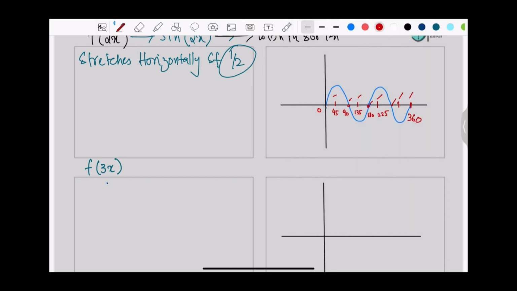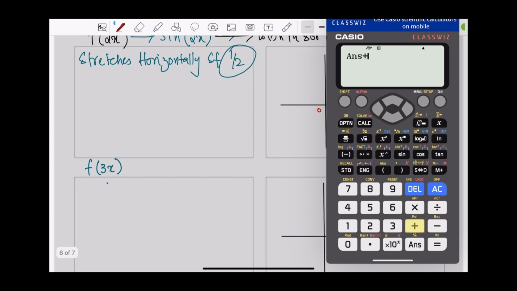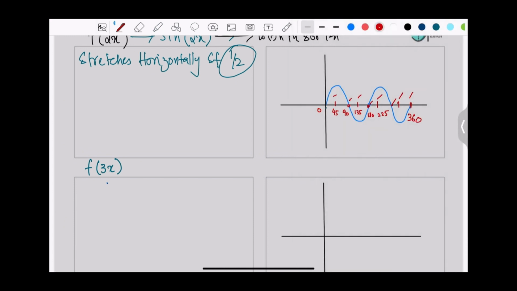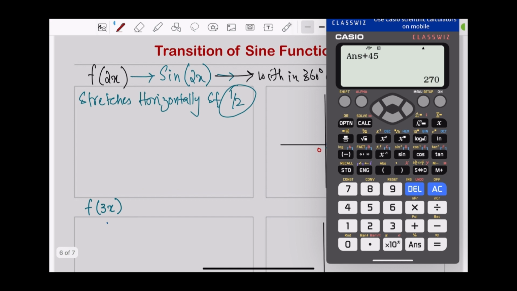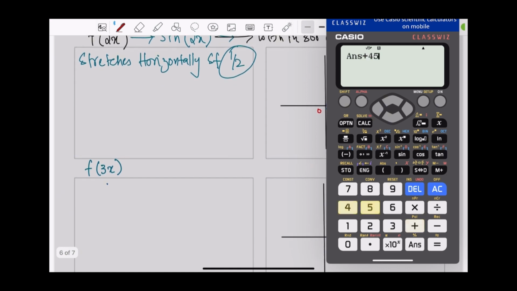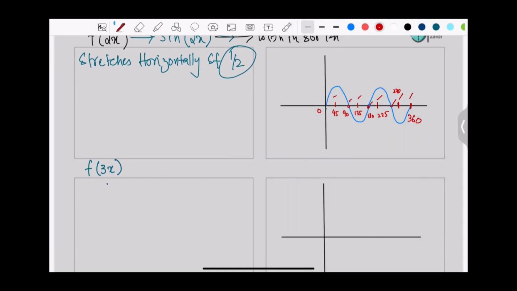And then plus 45 to it again gives you 270. Plus 45 again, 315 and 360.